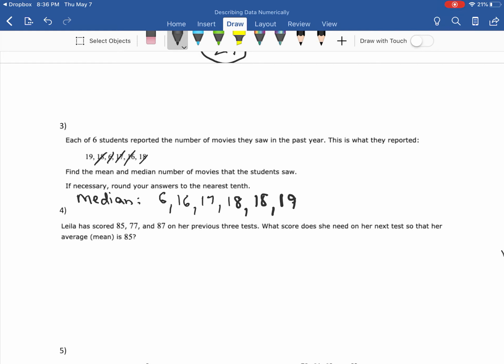To find the median, we want to get the middle. I'm going to cross off on each side. So we have 2 values in the middle. So the median, we're going to go 17 plus 18 over 2. We're going to average them. That's going to give us 17.5.